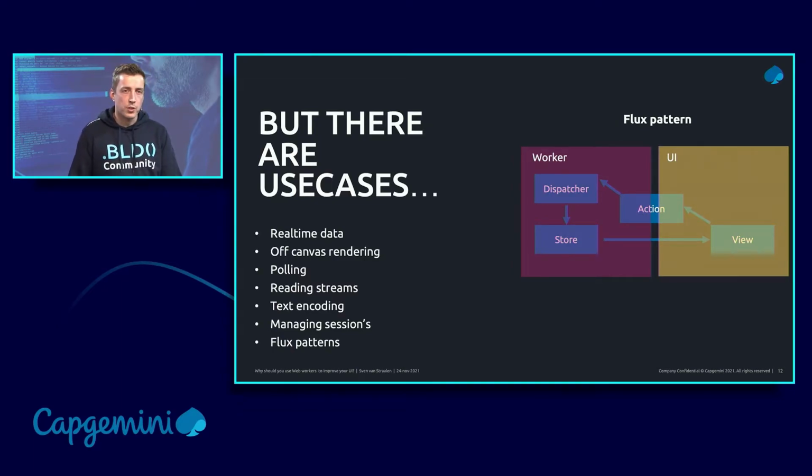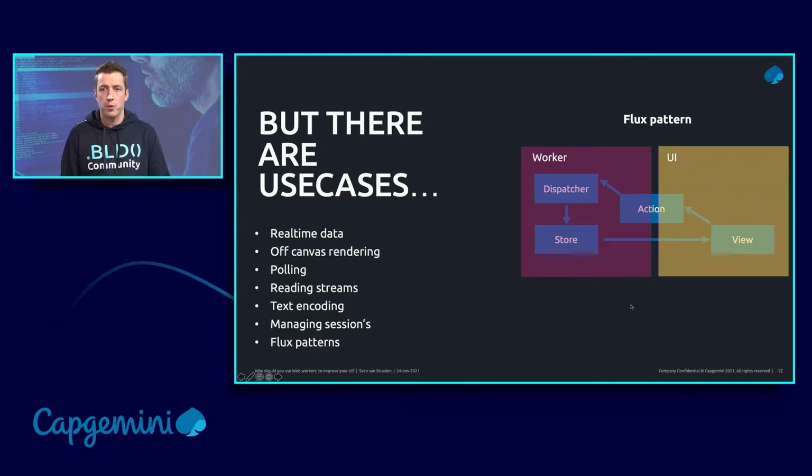And for the frameworks that we have right now, like Vue.js, React, and Angular, most of the time a Redux pattern or a Flux pattern is being used to make your application. And there is a part of your application which basically doesn't need to be on the main thread.